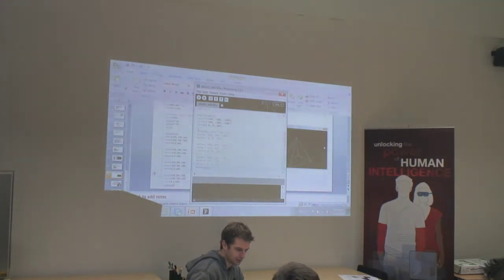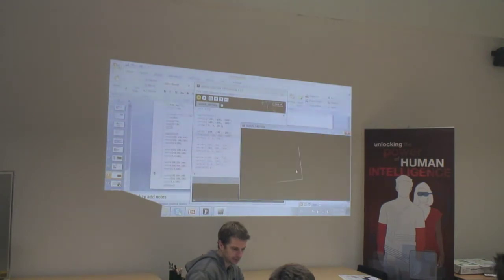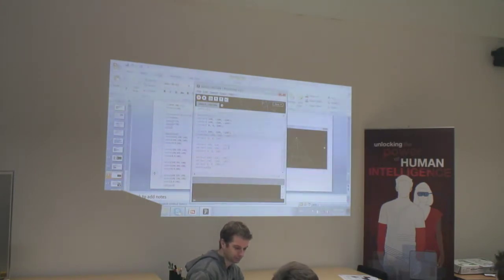So I can close it. This trackpad is absolutely hopeless. Yeah, so we've got part of a triangle there anyway, so it started drawing another one, and then I think it started on the other side that we can't actually see.